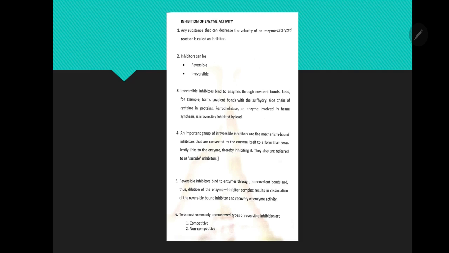Inhibitors we can divide in two forms. One is the reversible and the second is the irreversible inhibitor. Now, first let's take the irreversible inhibitors.